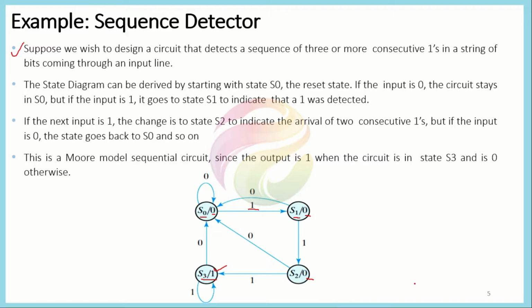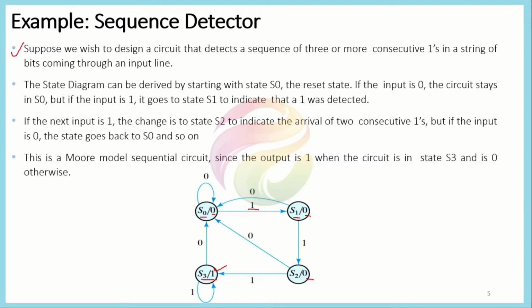But if we see this example, it is very clear that it is actually a Moore machine, or Moore model, a sequential model, because the output here is only dependent upon the current state, S3. So it's only dependent upon the state values.